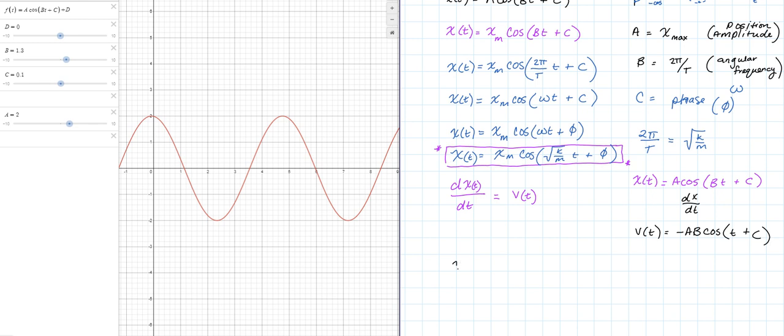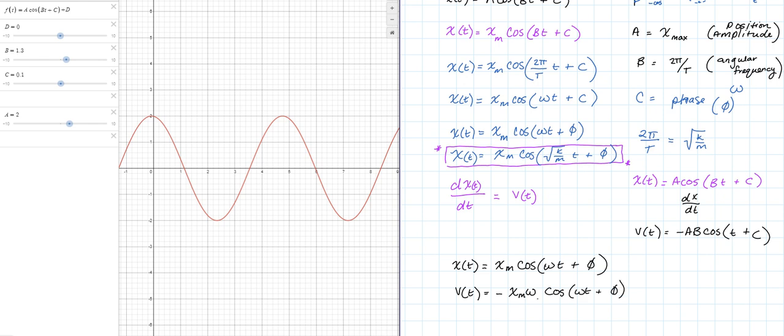So if we have x of t equals x sub m times cosine of, I'm going to put omega back in here just to help us make this look a little bit simpler. So this is going to give me negative x sub m times omega times the sine of omega t plus this phase.